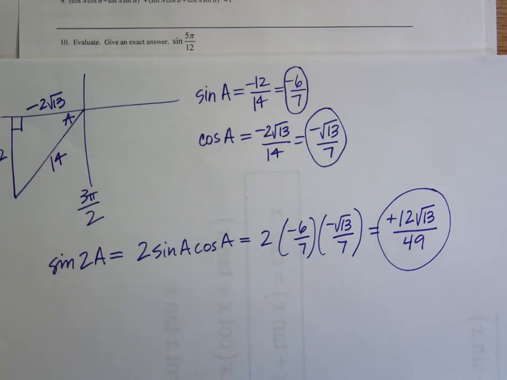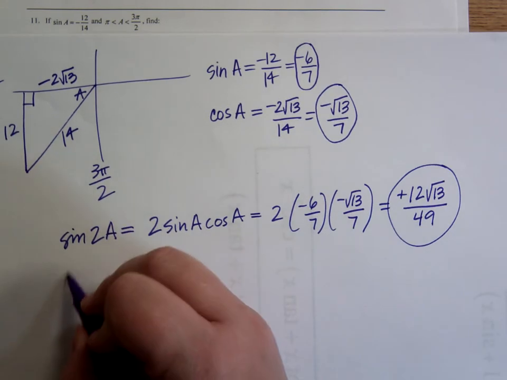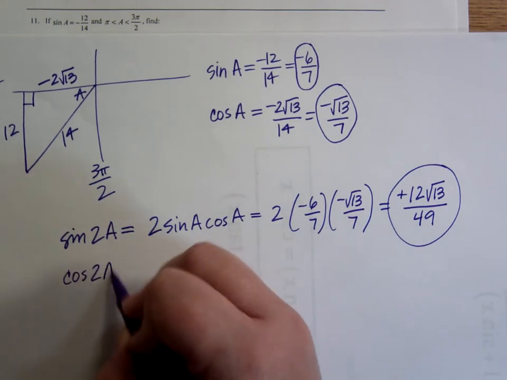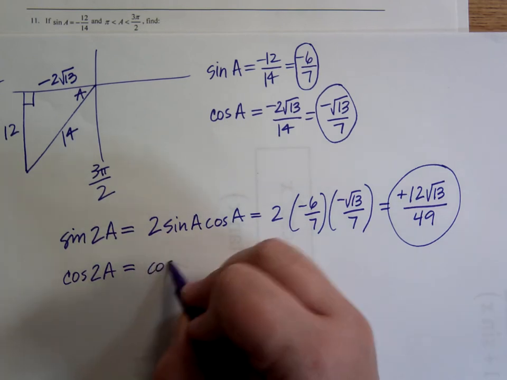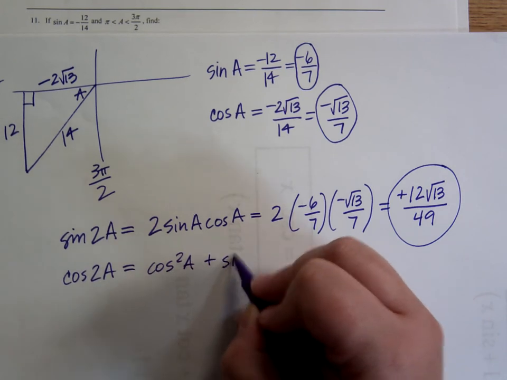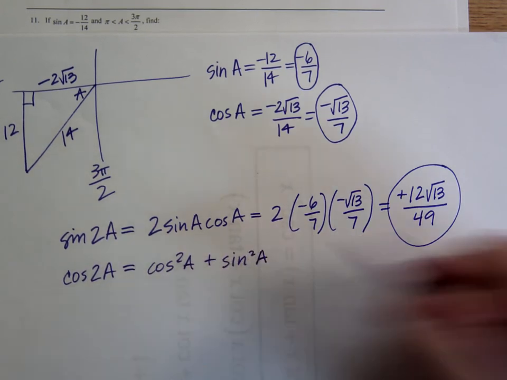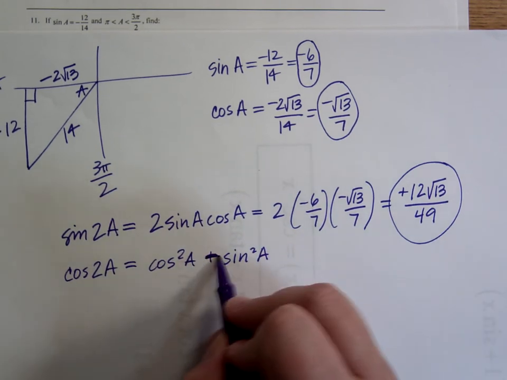I was asked to do the cosine of 2 theta. There are 3 different ways you could do that, and it really does not matter. I'm sorry, it's 2A, not theta. Doesn't really matter which way you do it. I'm going to do cosine squared plus sine squared. What's wrong with that? It's not cosine squared plus sine squared. That would just be 1. It's cosine squared minus sine squared.